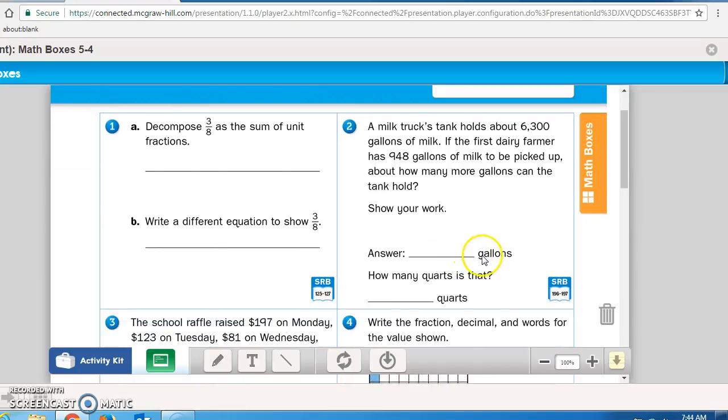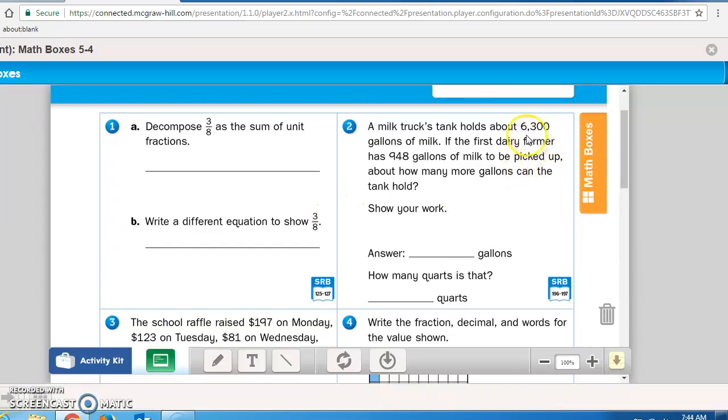Now I'm going to read problem number 2 to you. It says, a milk truck's tank holds about 6,300 gallons of milk. If the first dairy farmer has 948 gallons of milk to be picked up, about how many more gallons can the tank hold? Show your work.